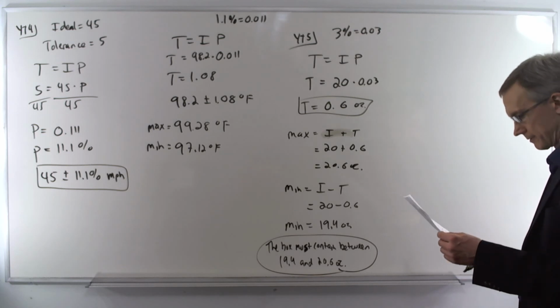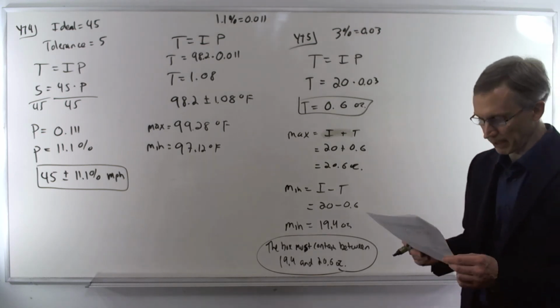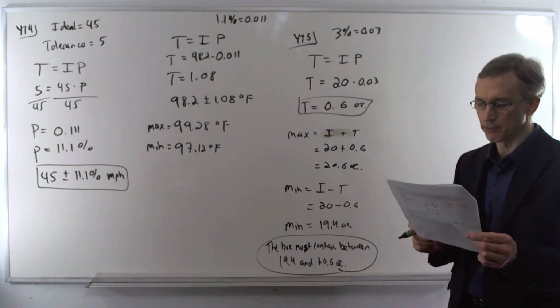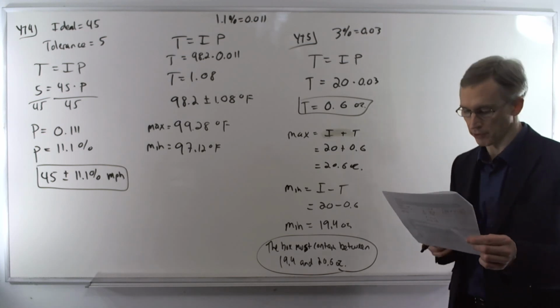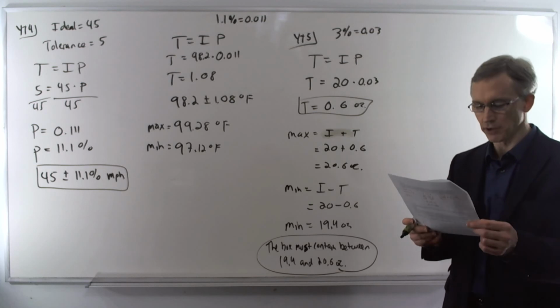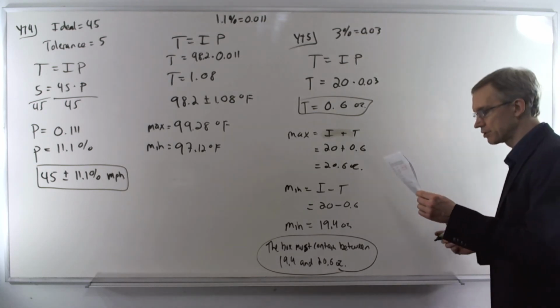Your turn, number 6. The dosage of a patient's heart medication must be within 2% of 15.2 milligrams. What's the safe range of dosages for the heart medication in milligrams?